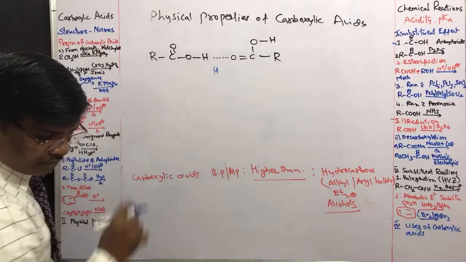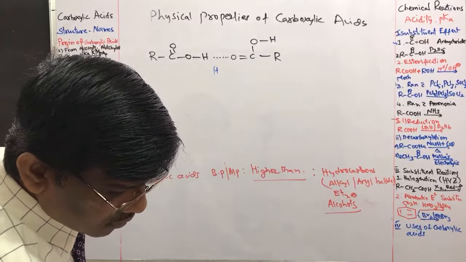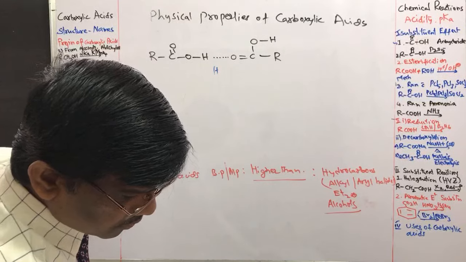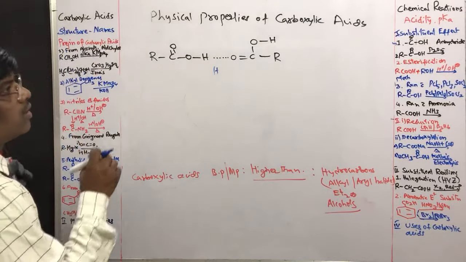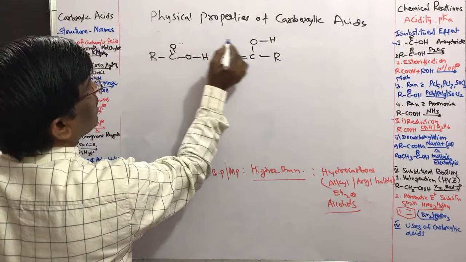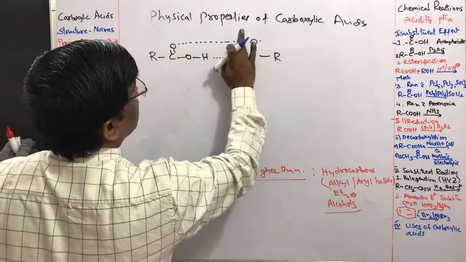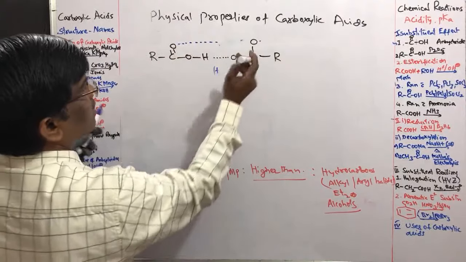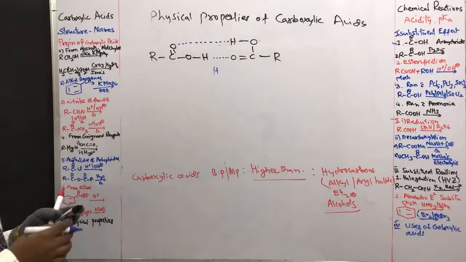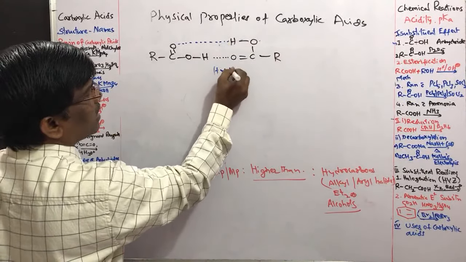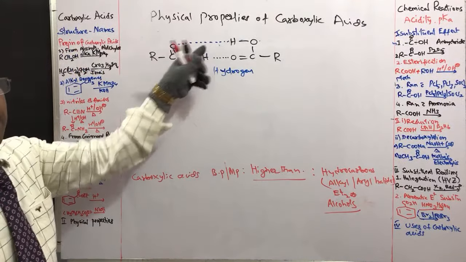Let me write like this. So it is a dimer because of hydrogen bonding. Carboxylic acids exist in the vapor state in this dimer form.